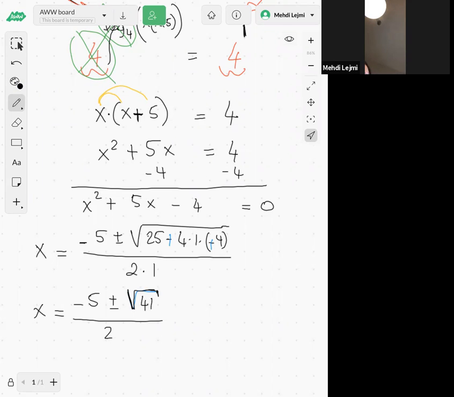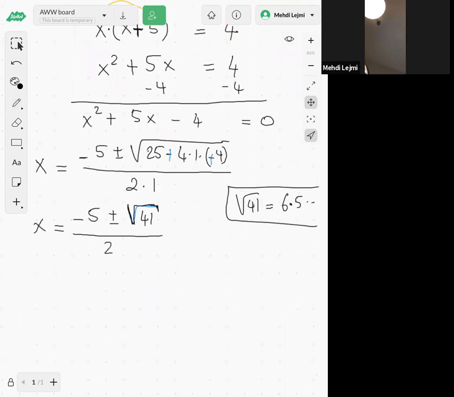If you use a calculator, you can approximate the square root of 41, which is between 6 and 7, so let's say 6.5 something. But it's not really important. You can just keep the square root of 41 in the test, or of course in the final. I'm going to try to make sure that you get a perfect square.